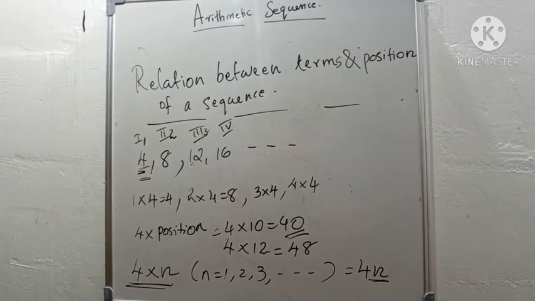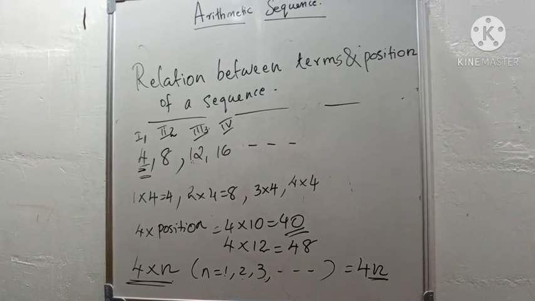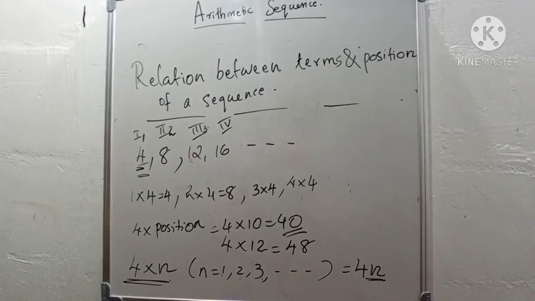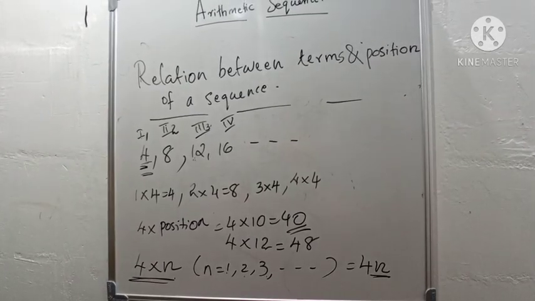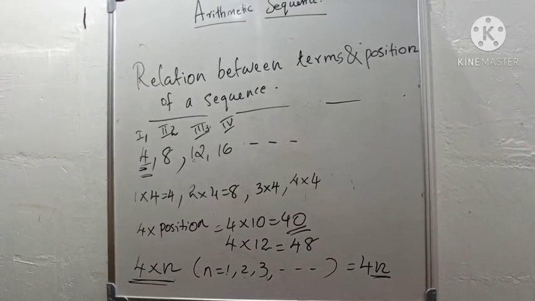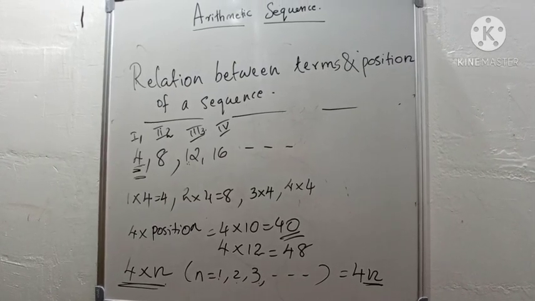In the second exercise, we have some questions, and we are going to find the algebraic expression of each sequence in them. First question: write the algebraic expression for each of the sequences below.